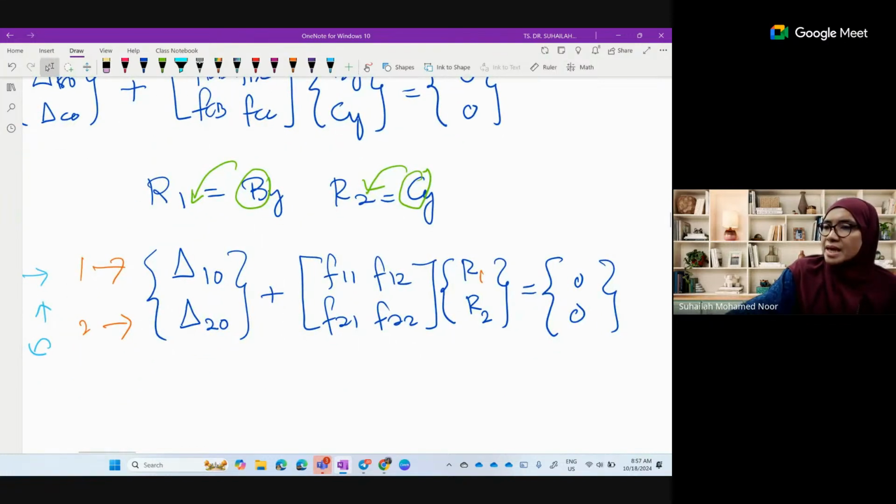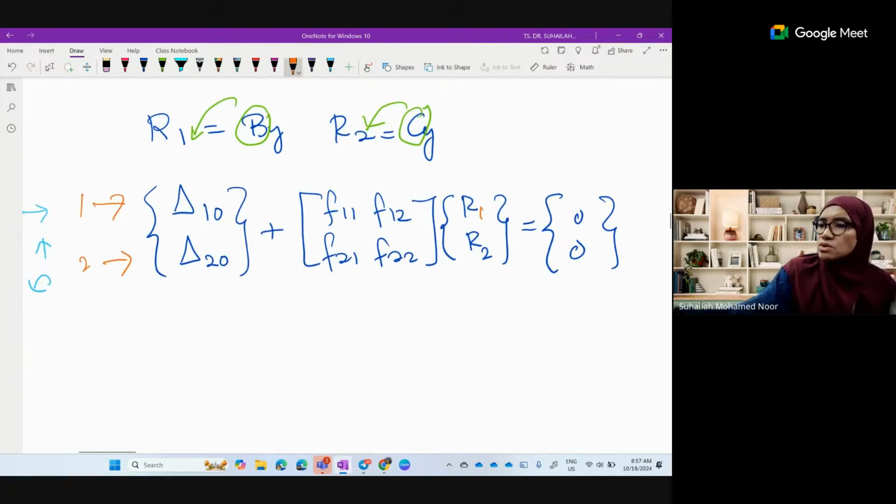Okay, so this is the general form of compatibility equation. So for this case, R1 is BY, R2 is CY. Okay, the standard form, this is the compatibility equation. And bila kita nak buat solution, right? Yang ini normally saya tak letak R1, R2. Saya nak masukkan redundant name dalam equation.